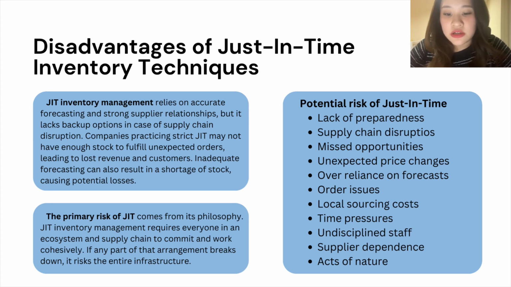The primary risk of just-in-time is conforming to the philosophy. Just-in-time inventory management requires everyone in the ecosystem and supply chain to commit and work together. The potential risks of just-in-time are supply chain disruptions, missed opportunities, order issues, higher shortage costs, and acts of nature.